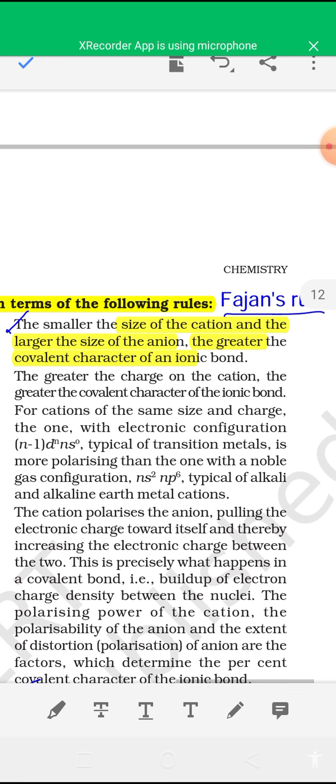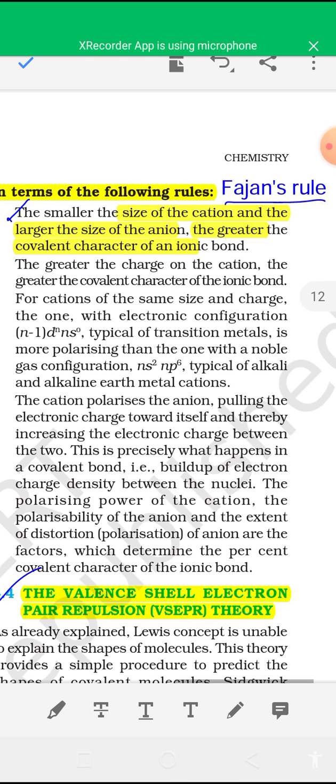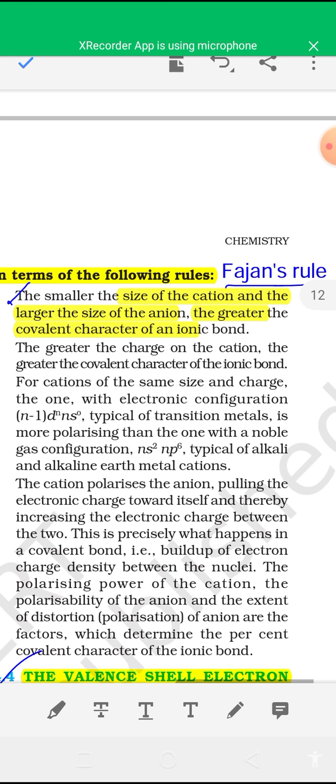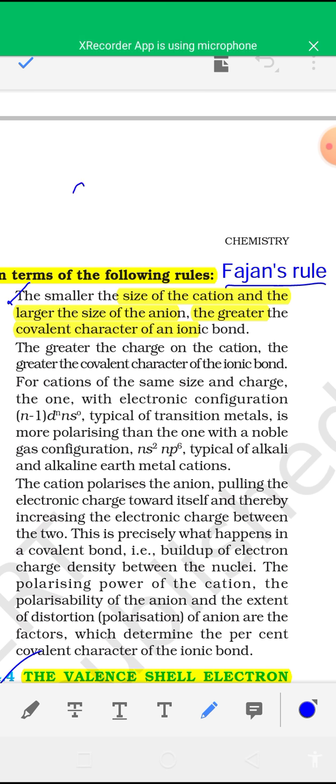Just opposite. So according to Fajans rule, the smaller the cation and the larger the anion, the more covalent character in the ionic bond.